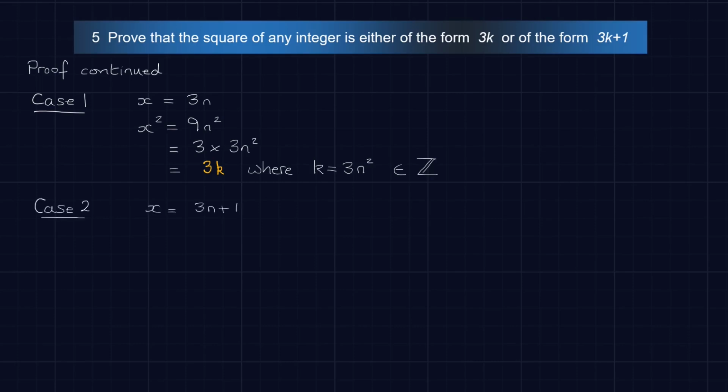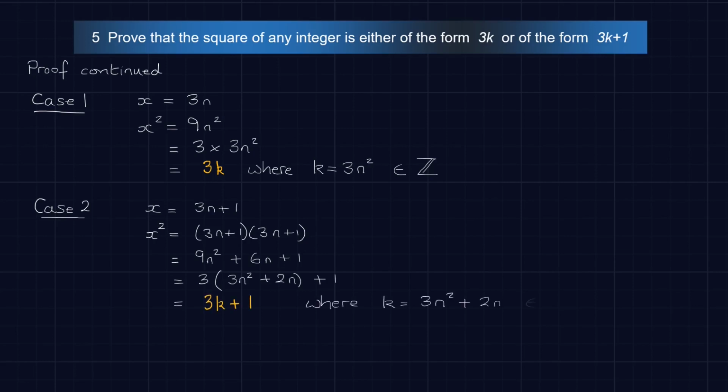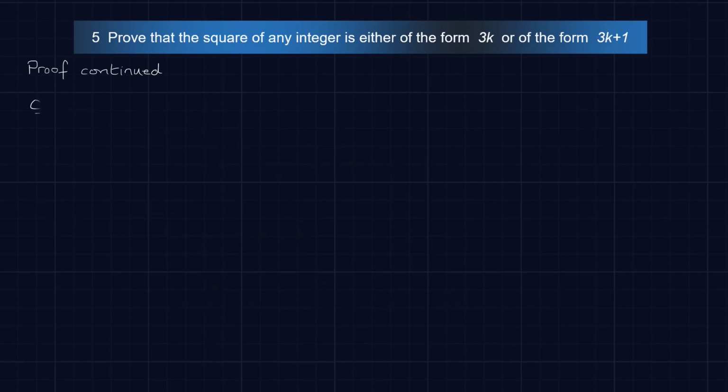In case 2, x would be 3n plus 1. So x squared is this, which simplifies to this, which can be factorized to give this, which is of the form 3k plus 1, where k is 3n squared plus 2n, which is an integer. In case 3, x equals 3n plus 2. This time, x squared gives this.